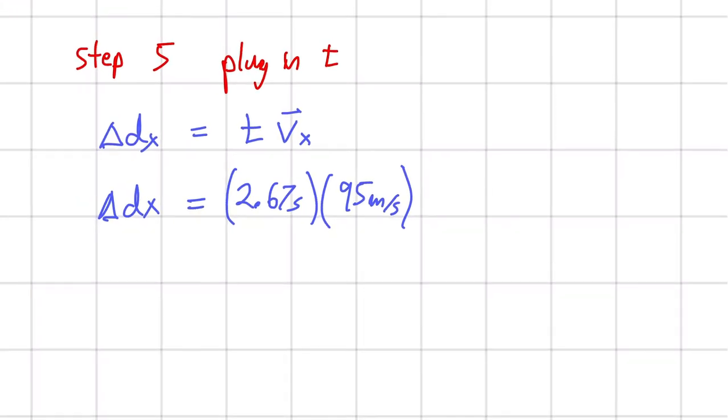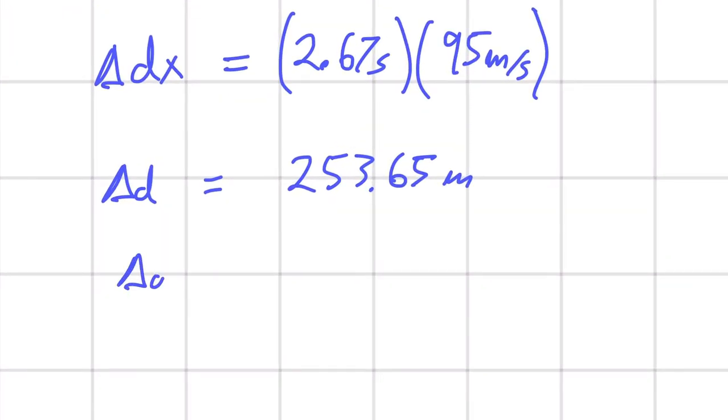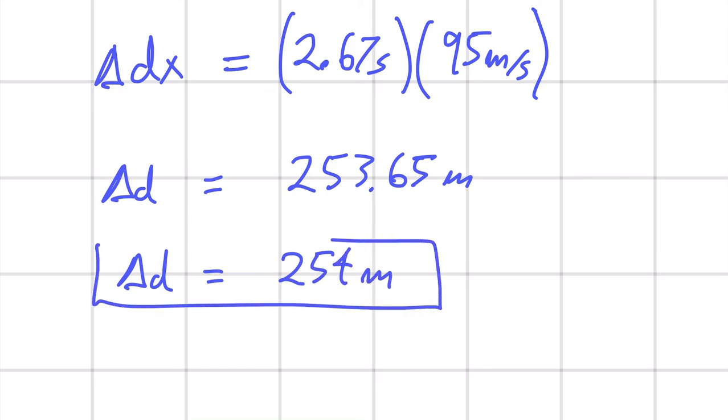So let's multiply these two together. Delta dx is equal to 253.65 meters. So for our final answer, I'm going to round this off to 254 meters.